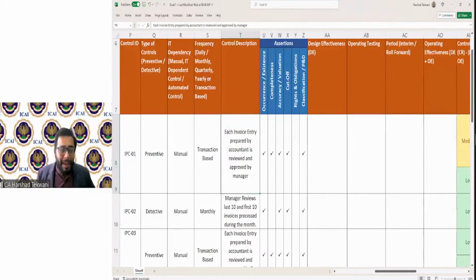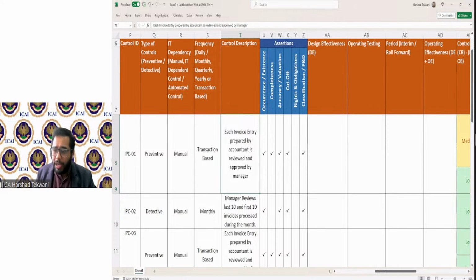For example, is the manager capable or competent enough to review these invoices? Is the accountant competent enough to prepare these invoices? Then only I can say, okay, this internal control is appropriate. Just by following an activity that I have a maker checker, I cannot say the control is appropriate.